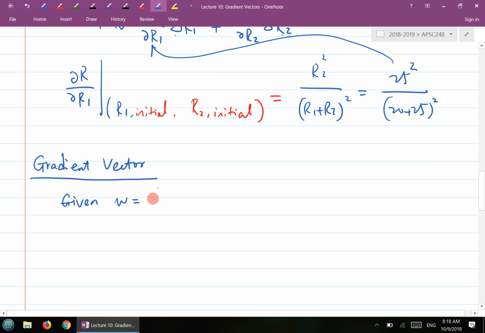Let's consider a function of three variables. Say I have a function w involving three variables x, y, z. Suppose each of the variables is a function of t.